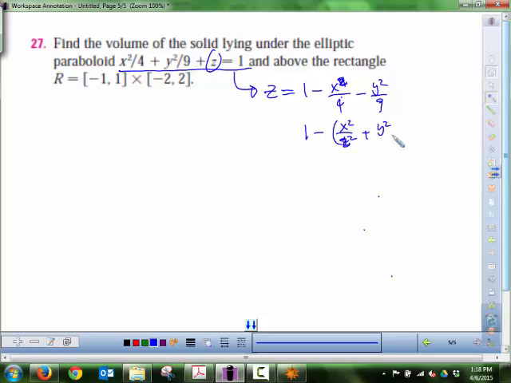So the elliptic part of the paraboloid comes when you let z equal constants. So when z is equal to 0, for example, then you'll have this ellipse.